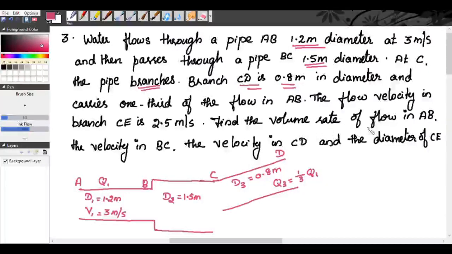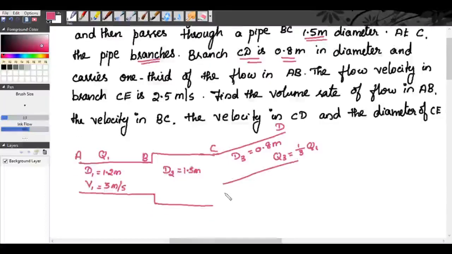Okay. Now the flow velocity in the branch CE is 2.5 meter per second. So you have another branch CE. In this branch CE, the flow velocity, this is V4, right? V4 is 2.5 meter per second.